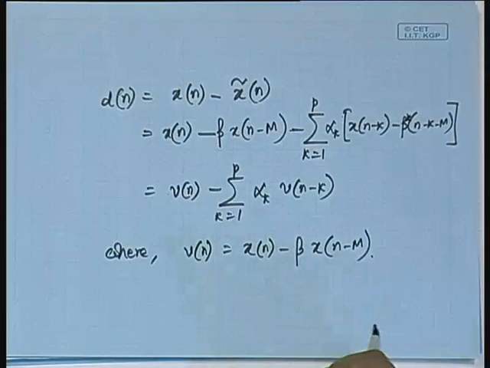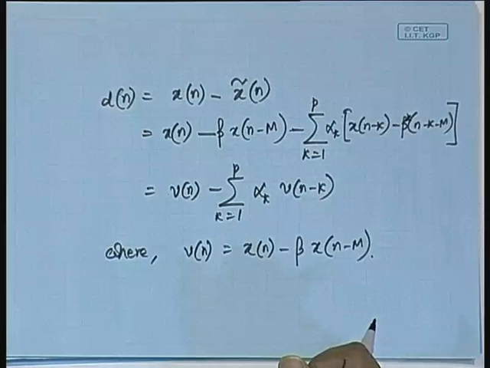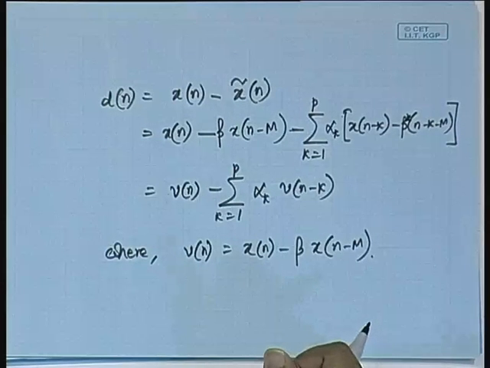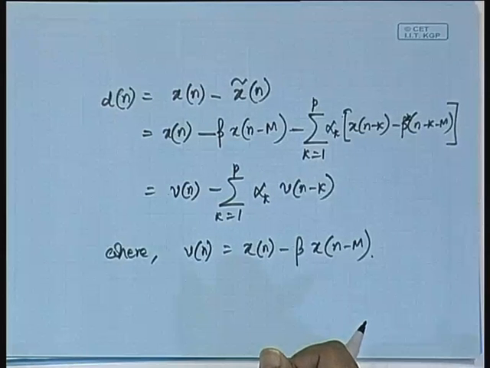It was shown by these two persons, Atal and Schroeder, that this results in an improved predictor performance. So, all these developments have really led to high quality waveform encoding techniques for speech.